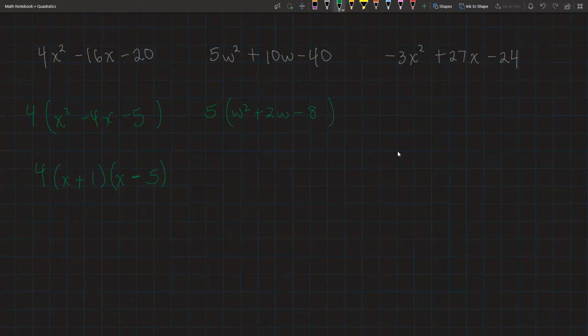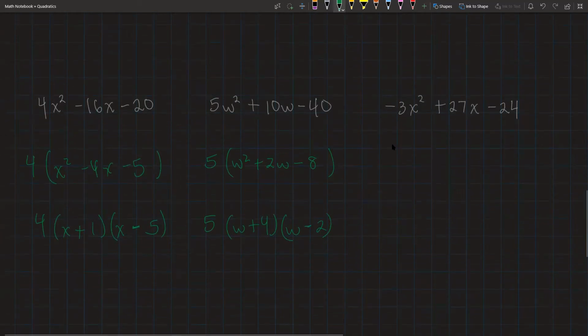But again, we want to know if this is fully factored. Product is -8, sum is 2. Can we factor that? Let's find out. Otherwise, like I said, I'll just erase these things. All right, so it looks like some form of 4 and 2, where it's +4 and -2, and that definitely checks.